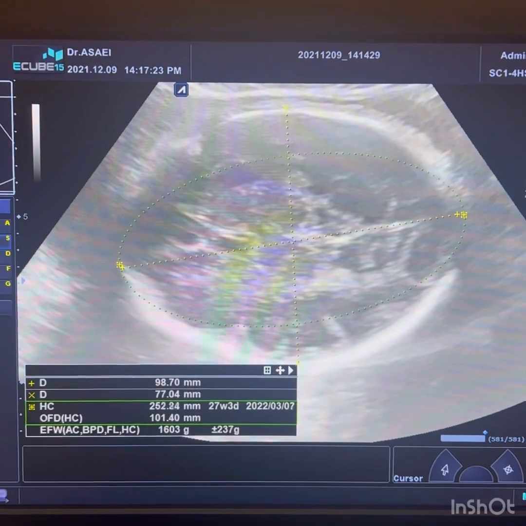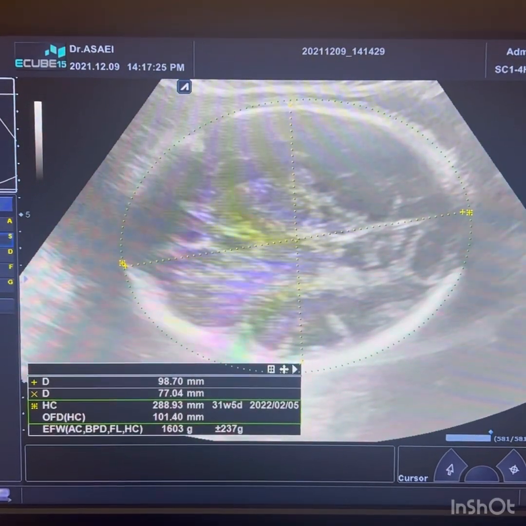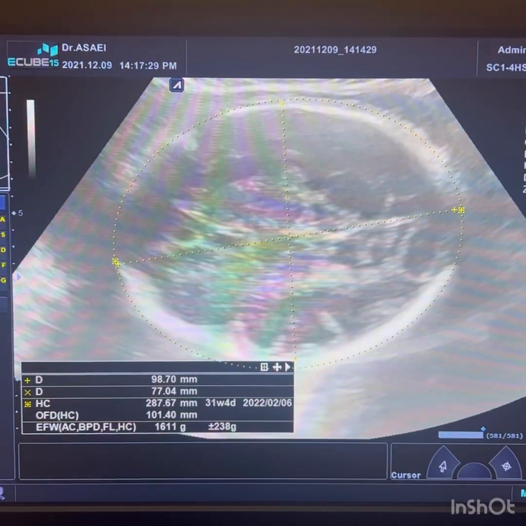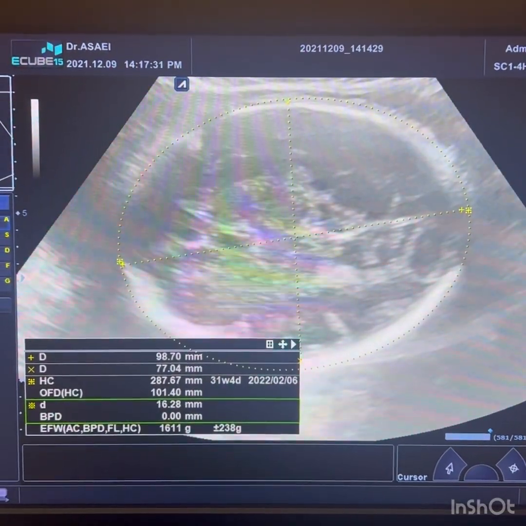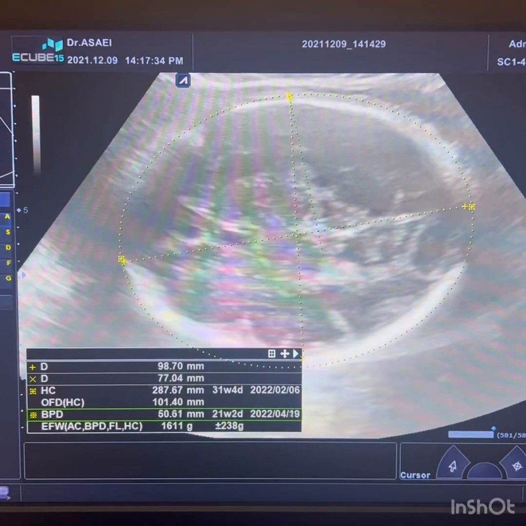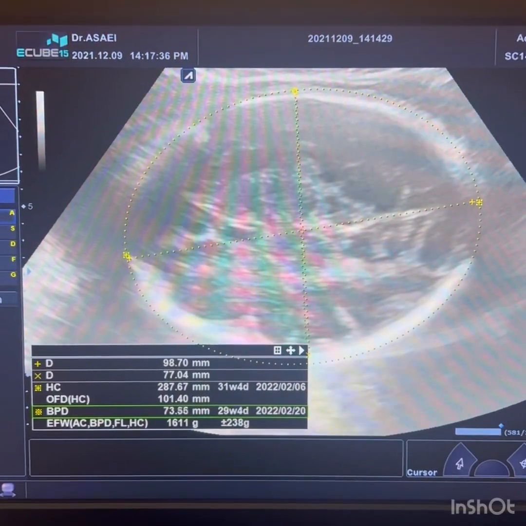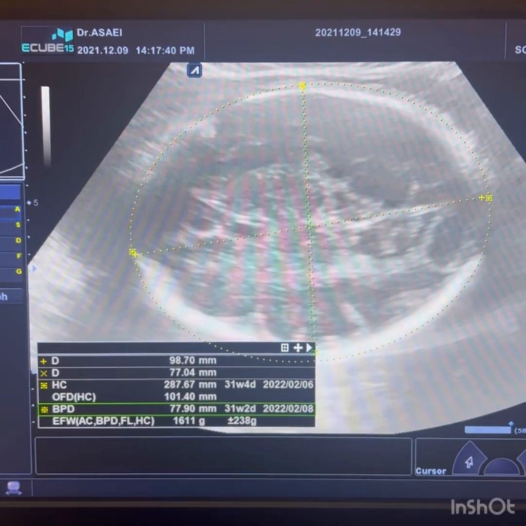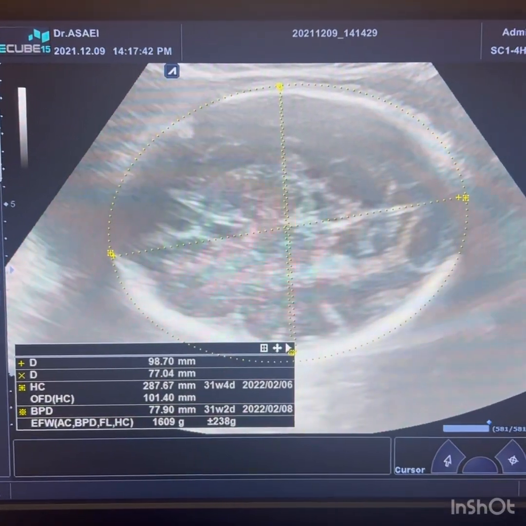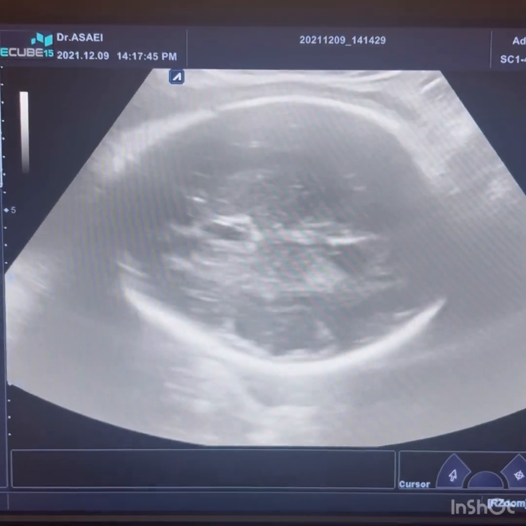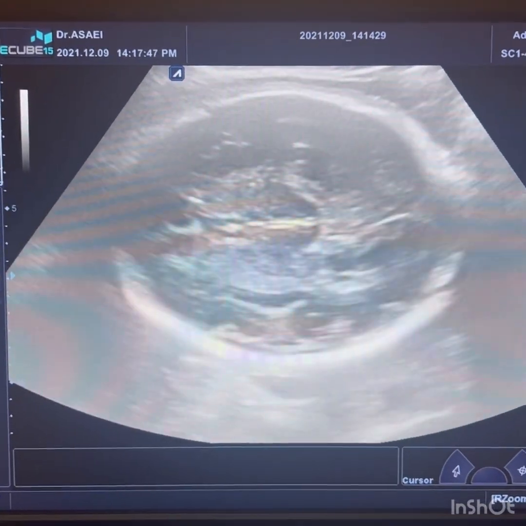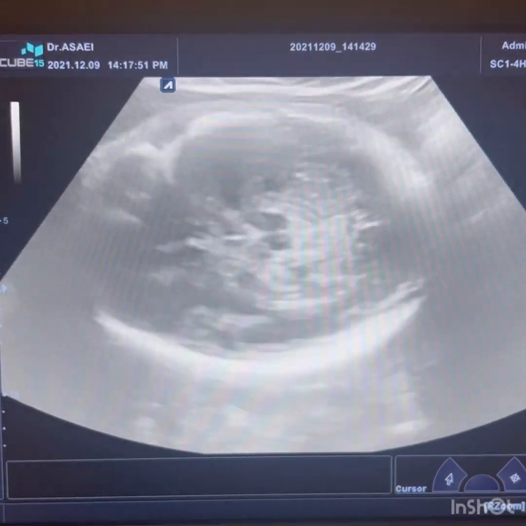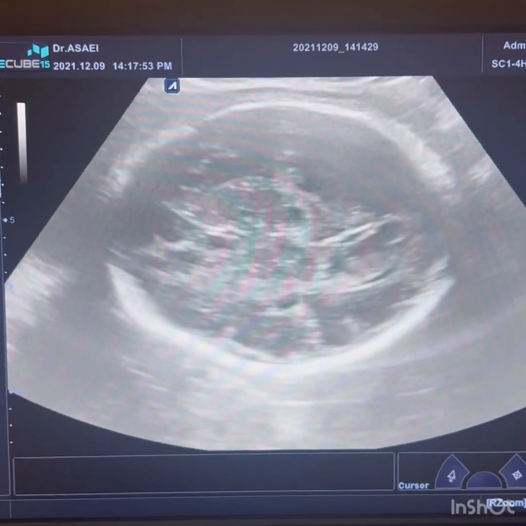In this fetus, if we measure head circumference, it is about 28 centimeters, compatible with 31 weeks and 4 days. And if we measure biparietal diameter, it is 77 millimeters, compatible with 31 weeks and 2 days. And no discrepancy is noted between these two measurements.